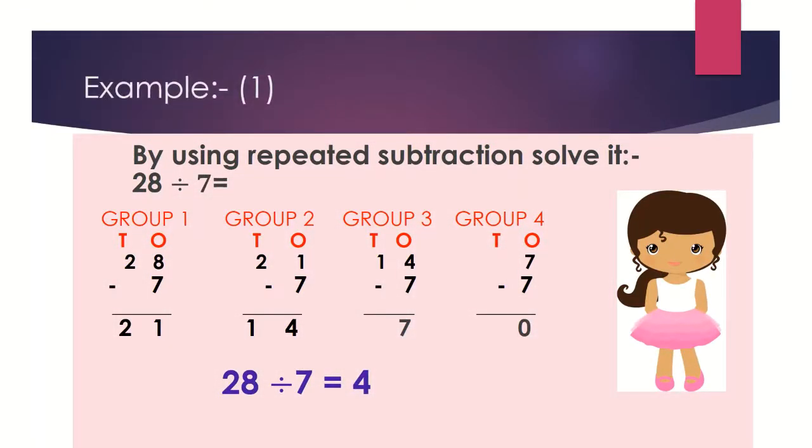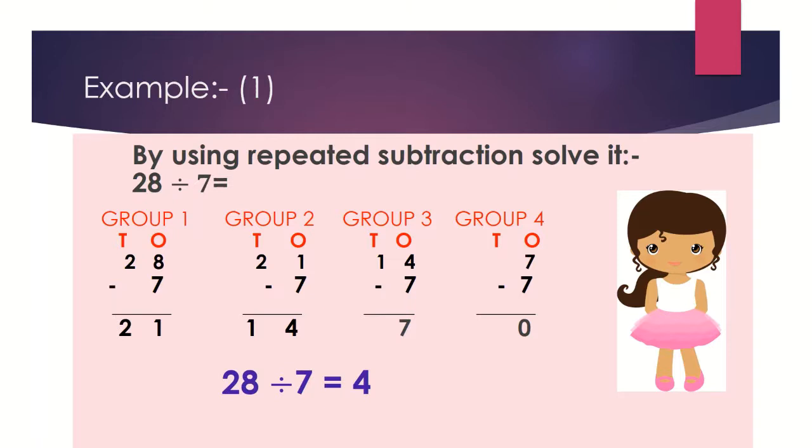Let's have some examples on repeated subtraction. That is 28 divided by 7. First, we will subtract 28 minus 7. We get 21. Then again 21 minus 7, we get 14.